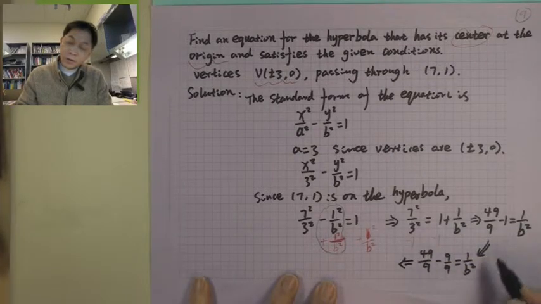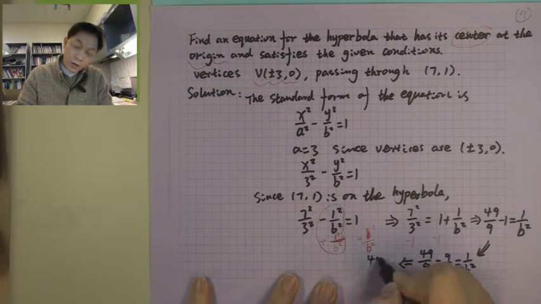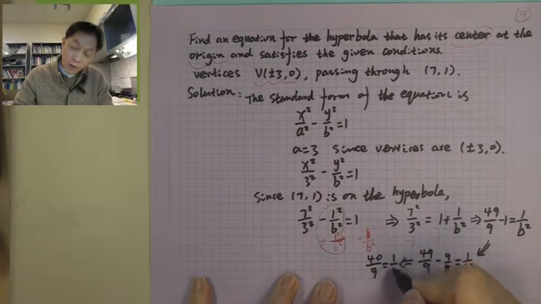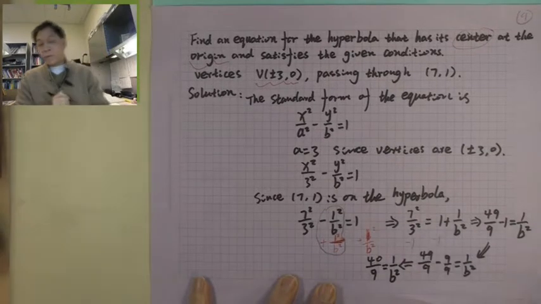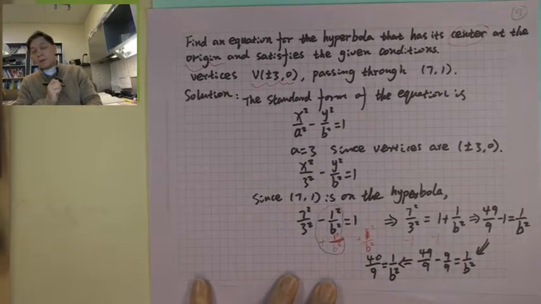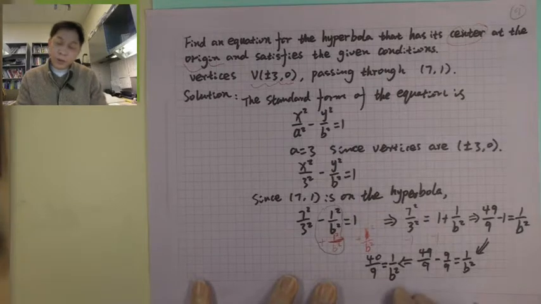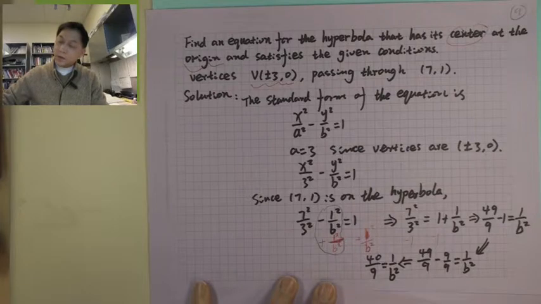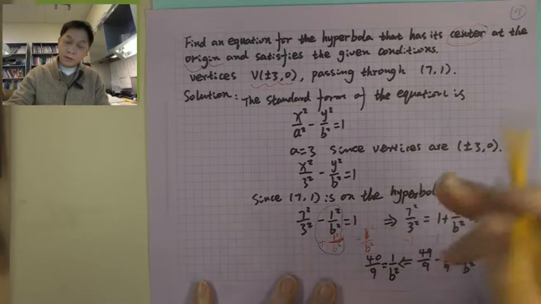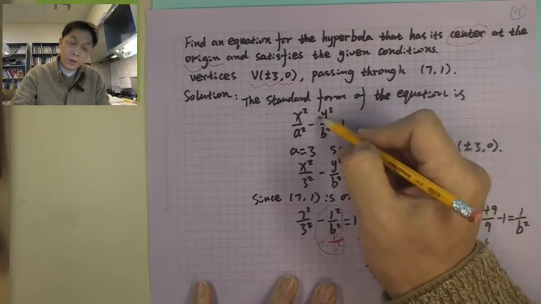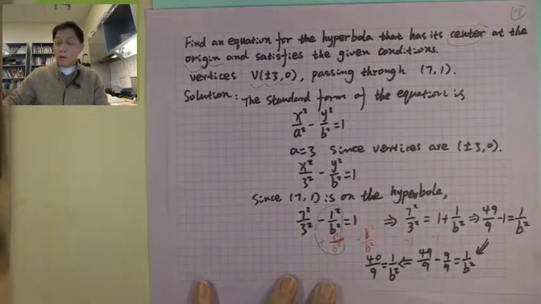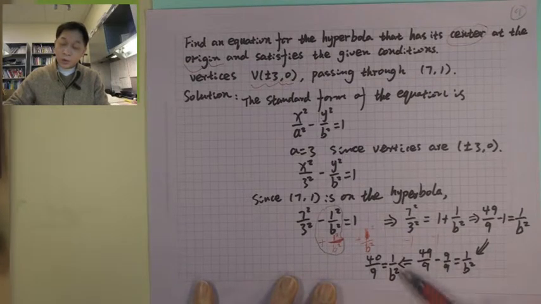Then you have 40 over 9 is 1 over b squared. Do you really want b, or b squared? Not really. Here you see 1 over b squared times y squared, so 1 over b squared equals 40 over 9.